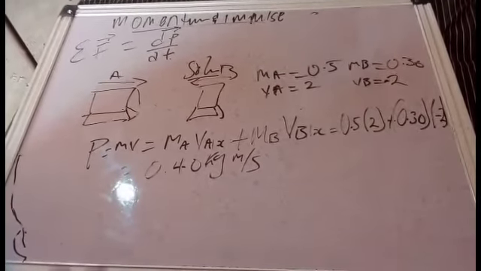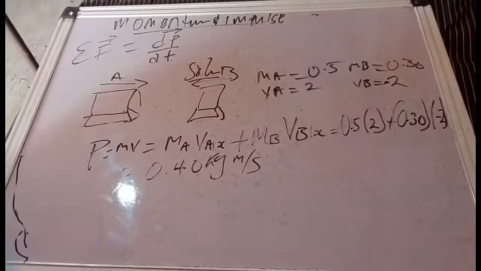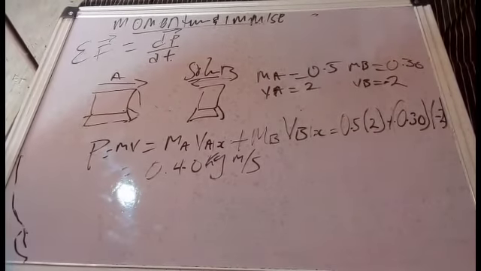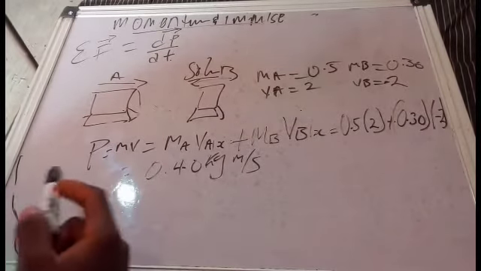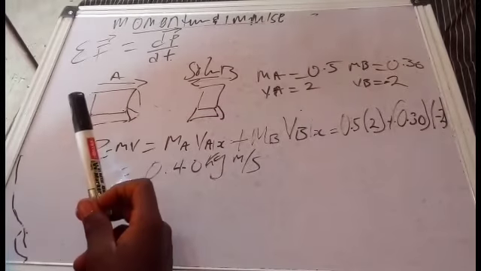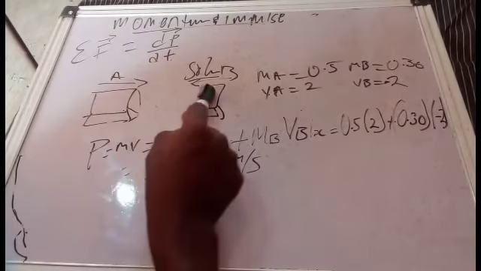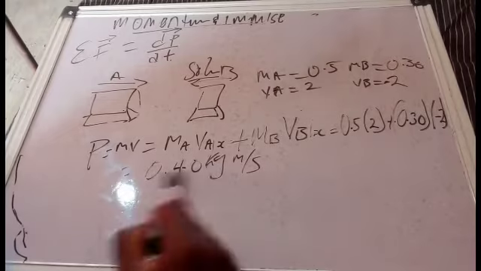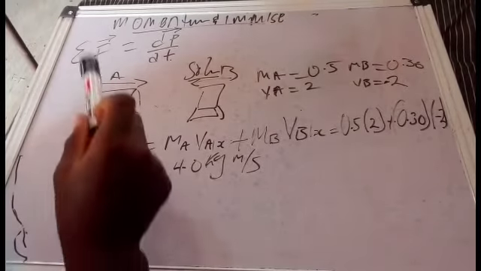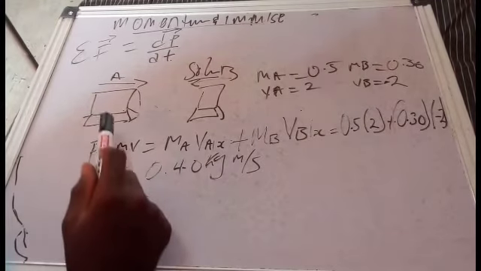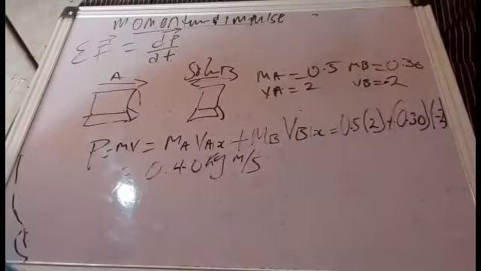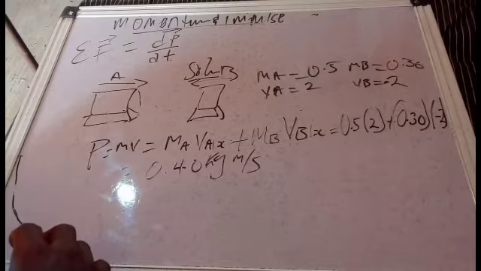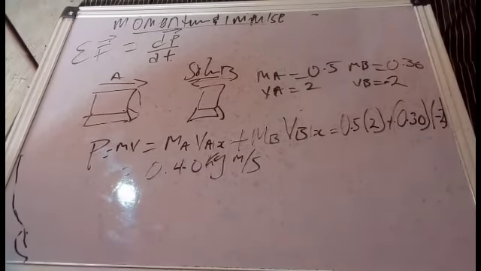So now we have the total momentum before the collision, and this is positive. Do you know why? Because glider A has a greater magnitude of momentum before the collision than glider B. Since we have a positive figure here, glider A has a greater magnitude of momentum before collision than glider B. Now we have to get the x component after the collision.